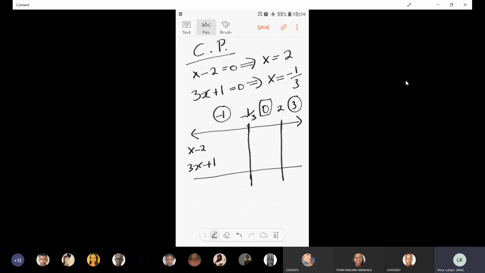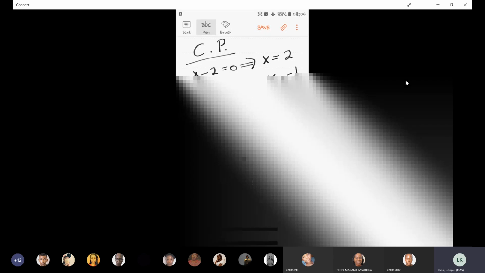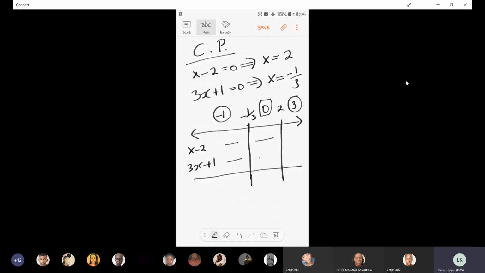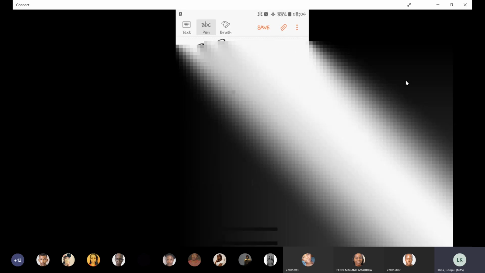Then you substitute each of the numbers into your factors, and what you're interested in is the sign, not the value. So I say -1 minus 2, this is -1 times 3 plus 1, that is -0 minus 2, -3 times 0 plus 1, this is positive, 3 minus 2, this is positive.